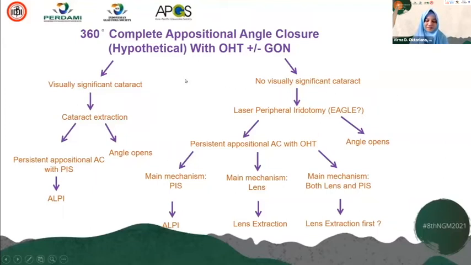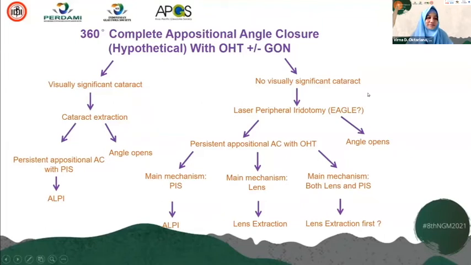In this clinical scenario, if there is visually significant cataract, we would perform, first of all, cataract extraction. If the angle opens after the cataract extraction, of course, we are very happy. But otherwise, if there is still persistent appositional angle closure, possibly with plateau iris syndrome, then we may consider argon laser peripheral iridoplasty for these cases.